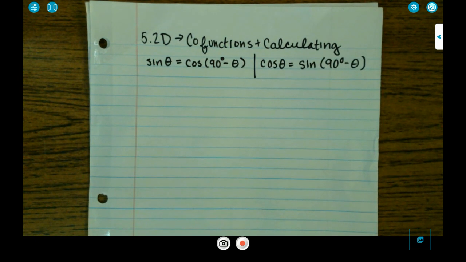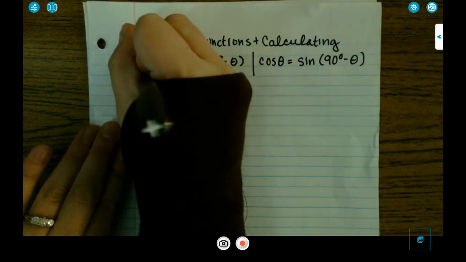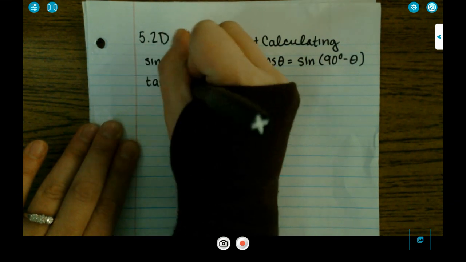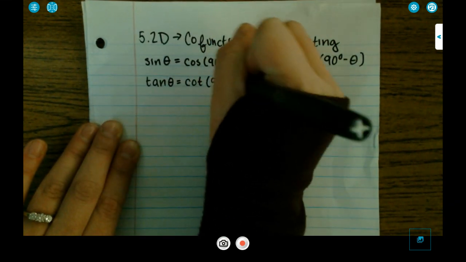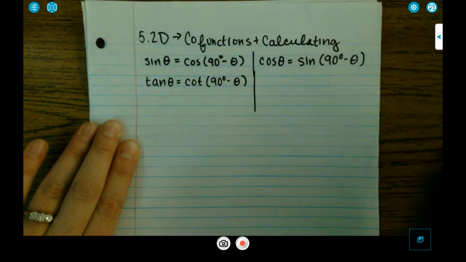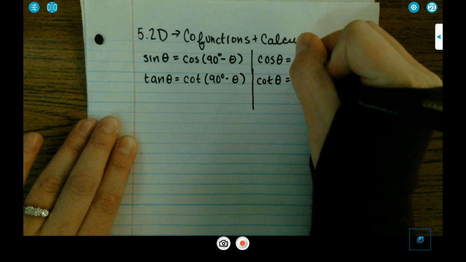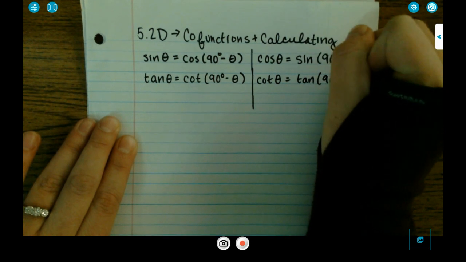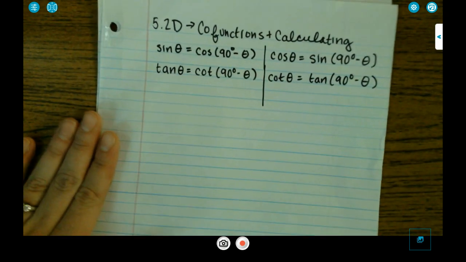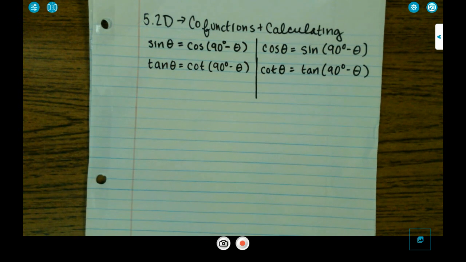Okay, our next set of cofunctions is our tangent. Tangent of theta is also equal to cotangent of 90 degrees minus theta. Alternatively, cotangent of theta is equal to tangent of 90 degrees minus theta. Okay, last one is secant of theta.